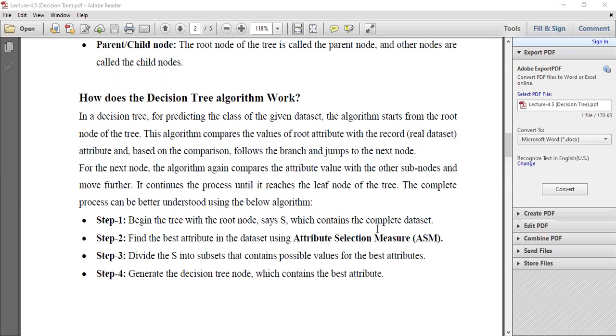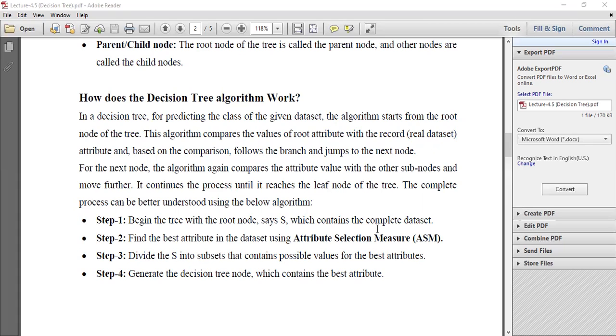So these are the steps to understand the algorithm. Step 1, begin the tree with root node, say S, which contains the complete dataset. Step 2, find the best attribute in the dataset using attribute selection measure, ASM. Step 3, divide the S into subsets that contain possible values for the best attribute.